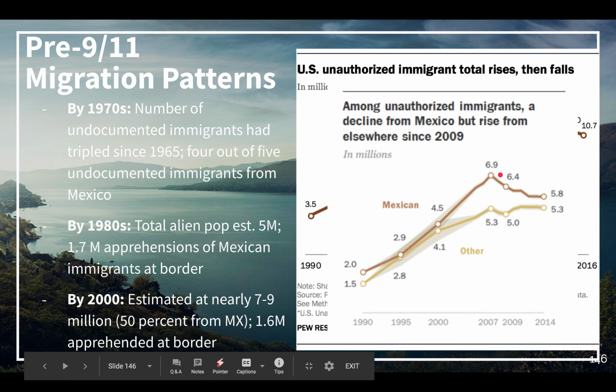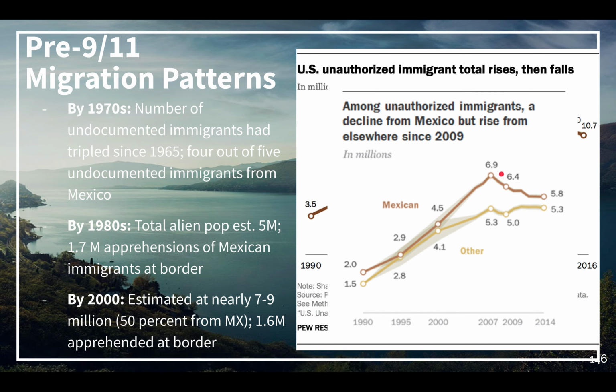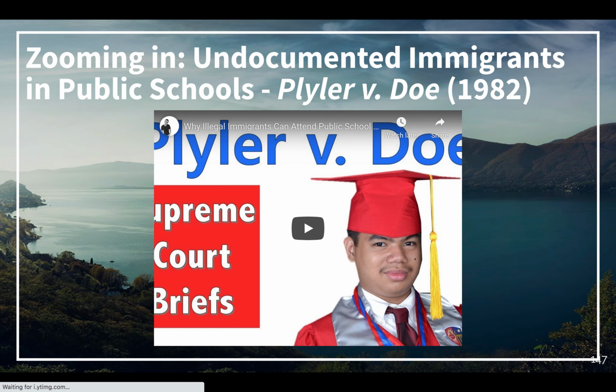This map that I just put here is also indicating that, despite the fact that you are seeing, of course, a significant number of unauthorized immigrants coming from Mexico, in proportion they are declining when compared to the numbers of unauthorized immigrants coming from other countries. Some of them are from Latin America and are traveling through Mexico en route to the United States, but others are coming from all over the world for a number of different reasons.